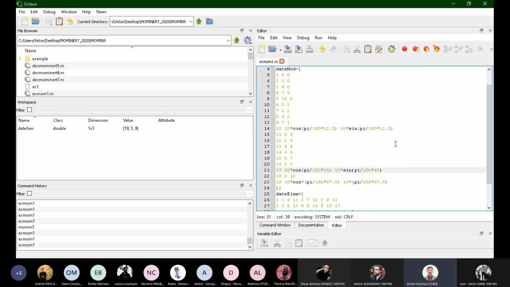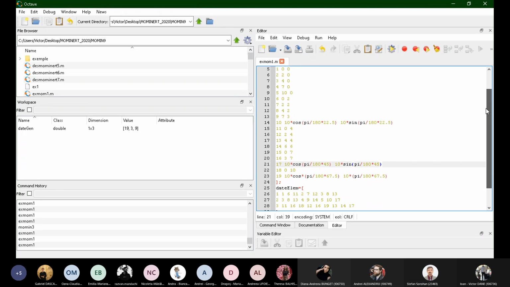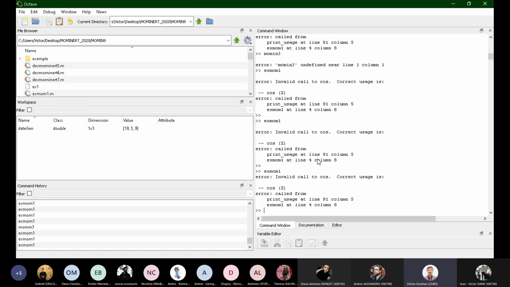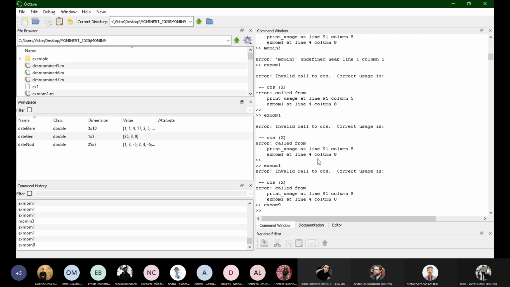If you have no mistake, this file must work. Let's save. Okay. Let's go to the command window. Right. Let's type the name of the program, xmom9.